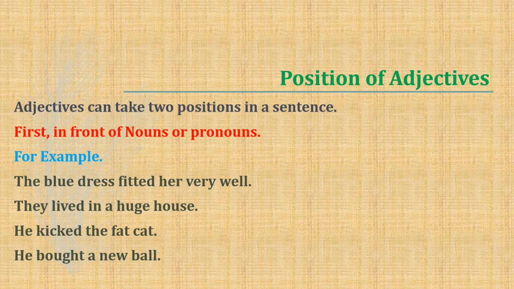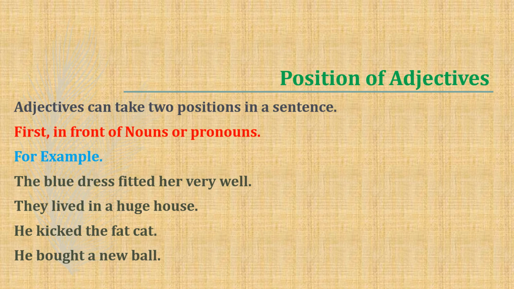Let us look at the following examples of sentences. Number one, the blue dress fitted her very well. Number two, they lived in a huge house. The third sentence, he kicked the fat cat.